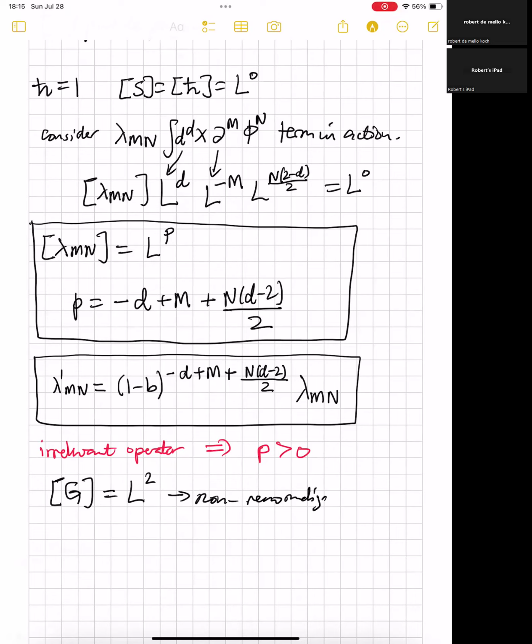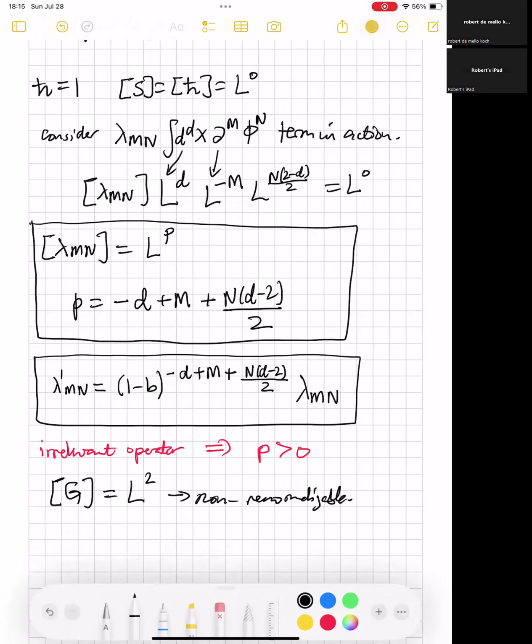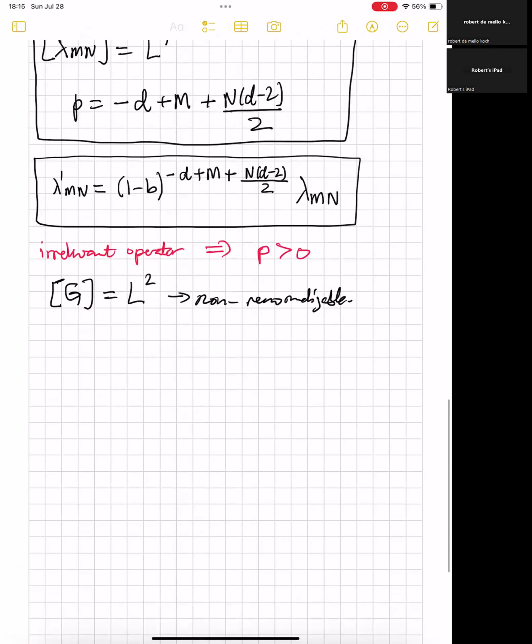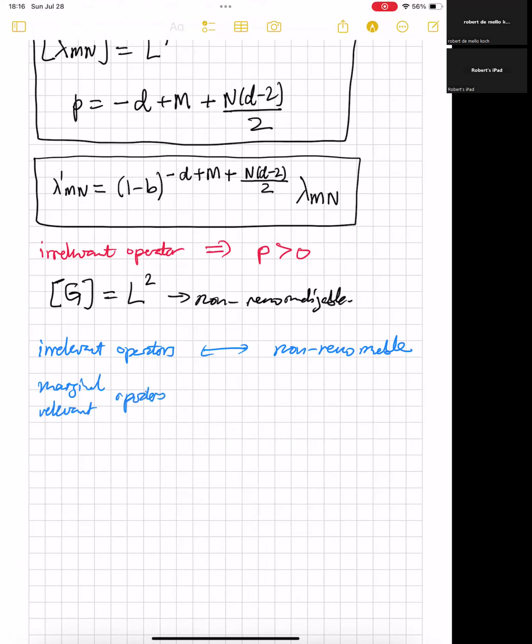So in actual fact, there's an incredible translation between the two. The irrelevant operators are what Feynman, Schwinger, and Tomonaga would have called non-renormalizable interactions. The marginal and relevant operators are what Feynman, Schwinger, and Tomonaga would have said correspond to renormalizable interactions.